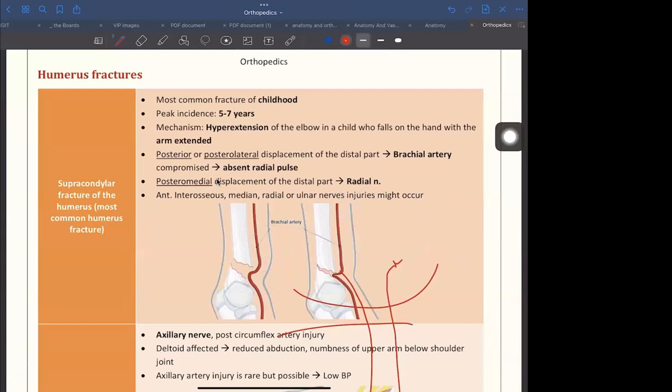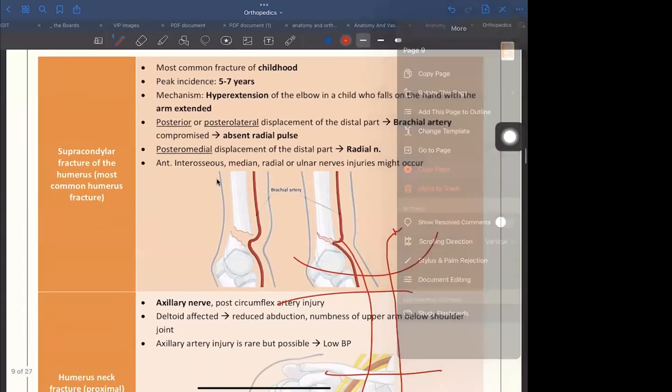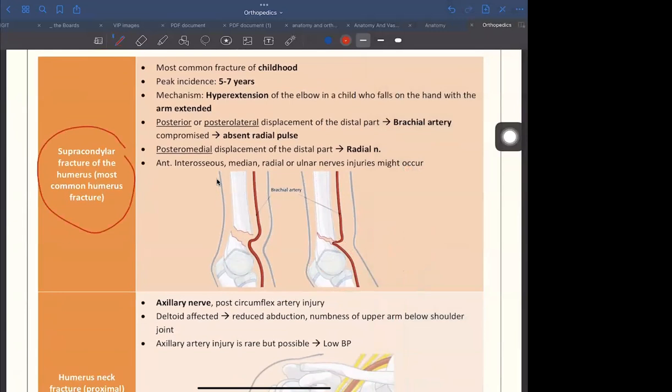So the fractures that can happen in the humerus are basically the supracondylar fracture. And I always call this a pediatric fracture. Most of the time it happens in pediatric patients rather than adults. So it's more common in childhood, and peaks at 5 to 7 years.